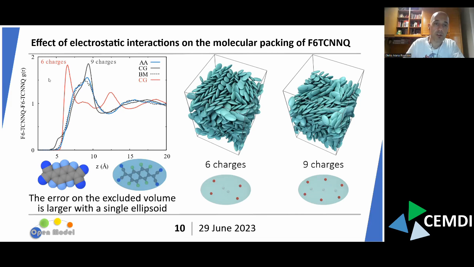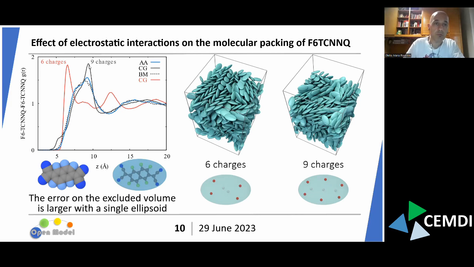While if we use 6 charges, you see the first peak is shifted to lower distances, and the peaks are different with respect to the reference, and it's a completely different morphology.